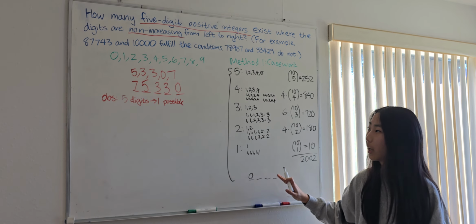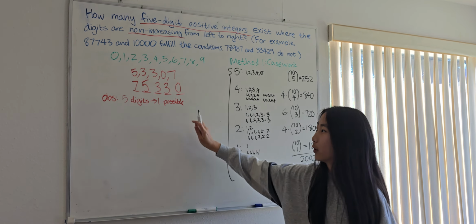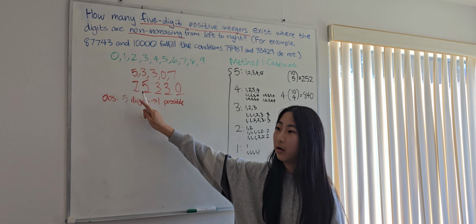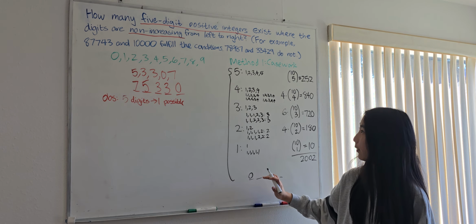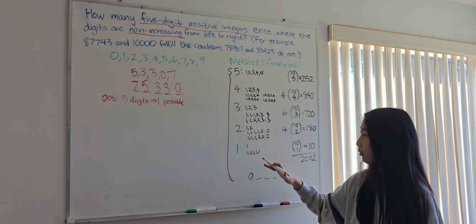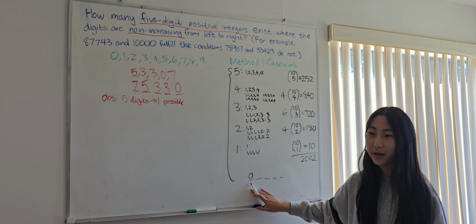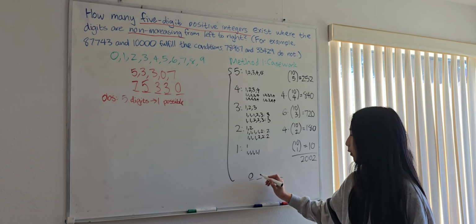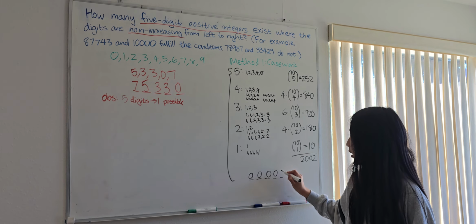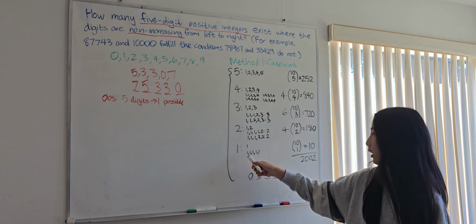For this specific example, we established before that the first digit is always the largest number. And because 1 through 9 are all bigger than 0, the only case where 0 would end up as the first digit is when all 5 digits are 0. And we happen to include it in this case.